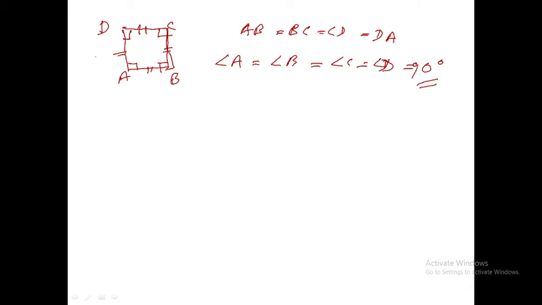So a parallelogram in which all the sides are equal and each angle measures 90 degrees is called a square.